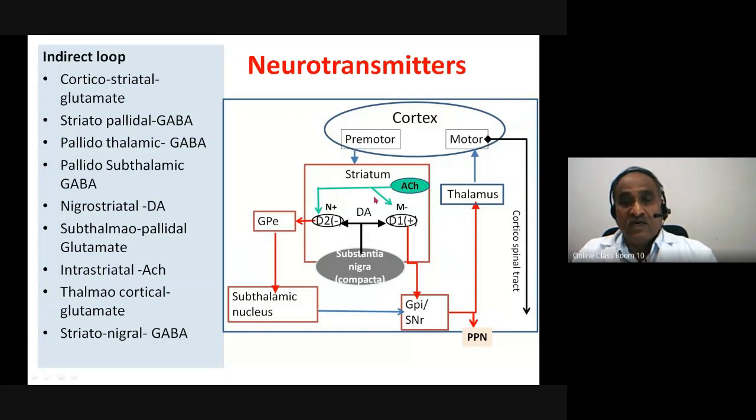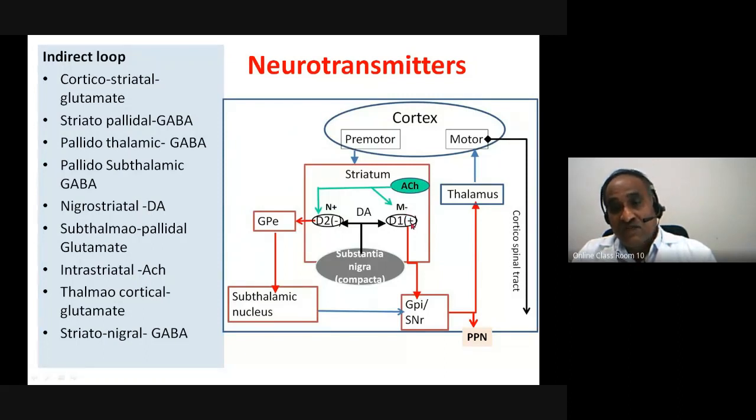And these cholinergic neurons, acetylcholine, exert their action on acetylcholine receptors, the muscarinic receptors and the nicotinic receptors. The neurons in the direct circuit express muscarinic receptors, which are inhibitory in nature.